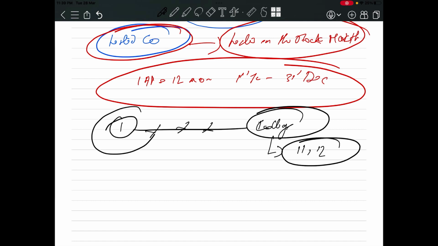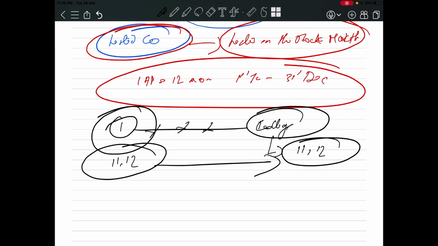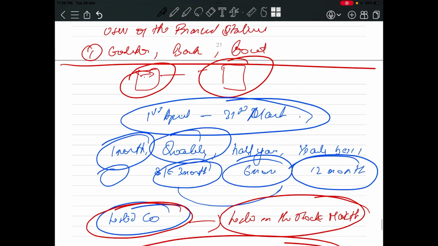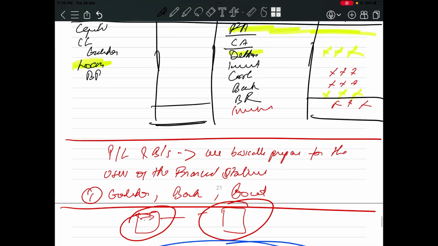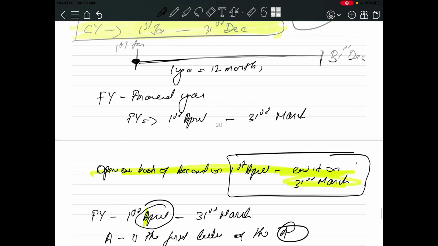Okay, so with this what will happen is, you have not learned a particular topic when you were in class 11 and 12. Now the same topic when you went to the college, in a hope that you will learn when you go to college, the professor says that you will learn in your 11 and 12. Okay, so students usually face this problem. I have even personally faced this problem. So it's better to go deep and analyze things in a better way and try to understand things in a better way. So this was all about account.